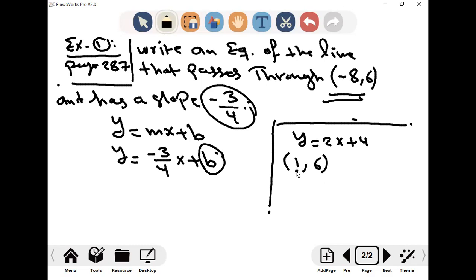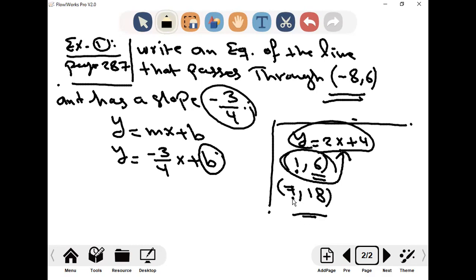Because if you put 1 in the place of x, the answer should be 6: 2 multiplied by 1 is 2, plus 4 is 6. This means that this point is on the line. For example, this point is on the line, or this line passes through this point.